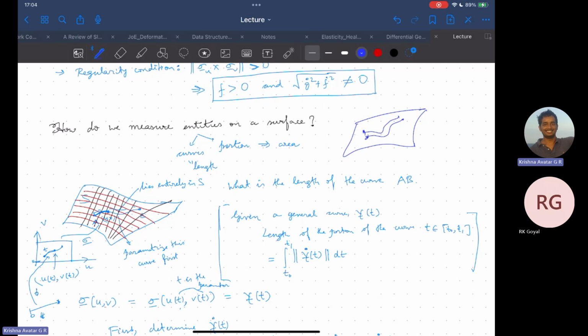So that's the aim of the first fundamental form. So we use the first fundamental form to define some sort of a measure between the endpoints of a curve lying in a surface.